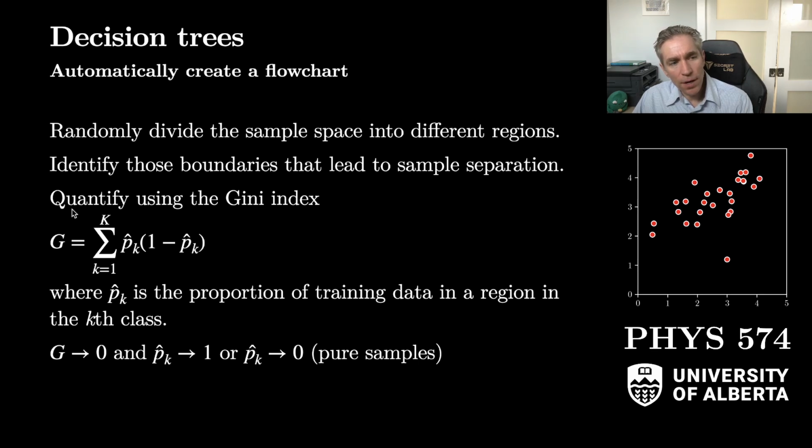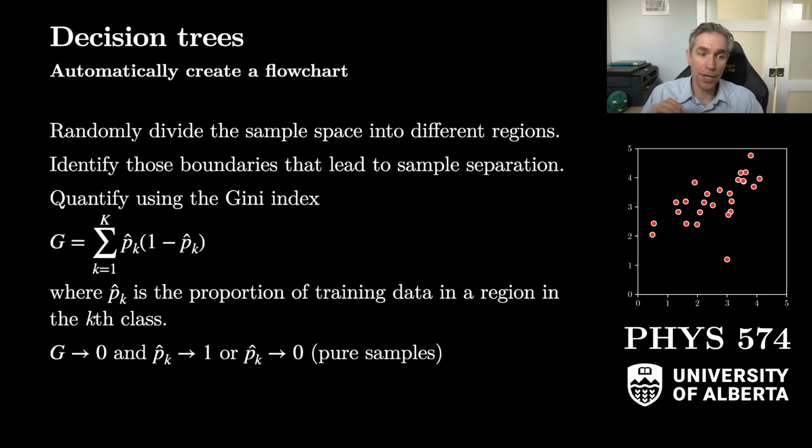We're going to use as our goodness of fit something called the Gini index, which is basically the sum of the proportion of training data in a region that belongs to the kth class times 1 minus the training fraction that belongs to not the kth class. If we have a good partition of the data, everything will be either zeros on one side and ones on the other, or stars on one side and galaxies on the other.